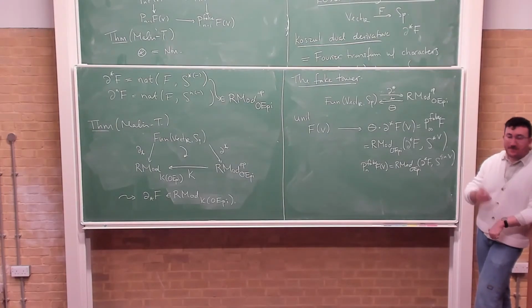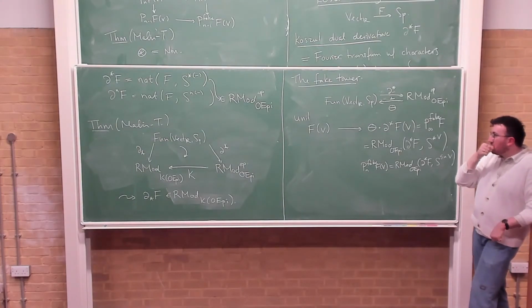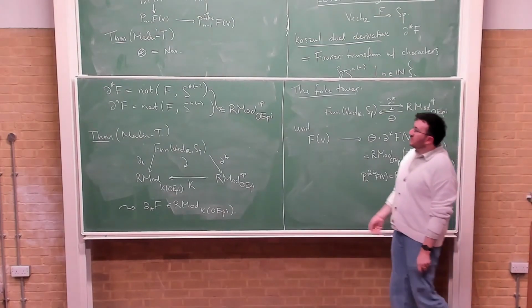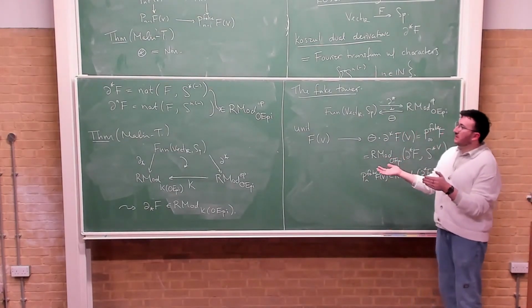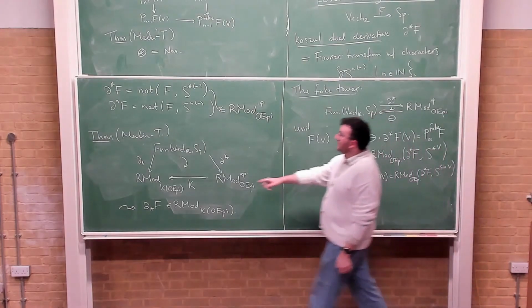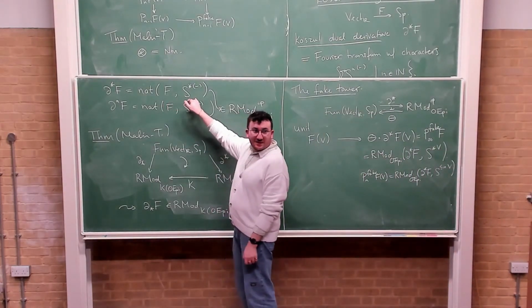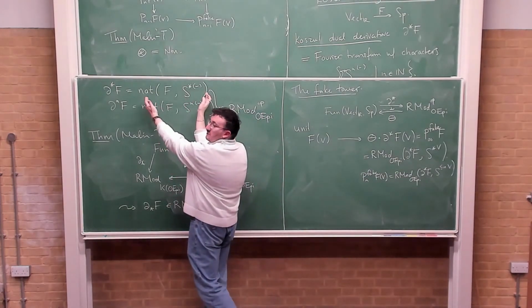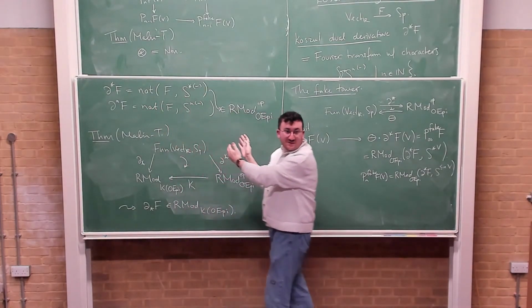Do you have a formula relating the partial upper star to the thing on the top of the board? Yeah, I take partial upper star and then apply Koszul duality to it. So first of all, I look at natural transformations into this thing, and I look at natural transformations from this thing viewed as a module into the trivial thing.